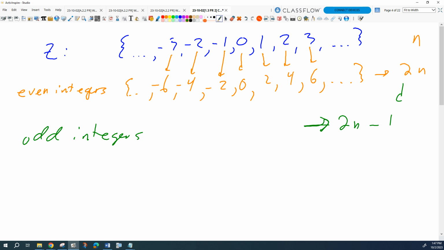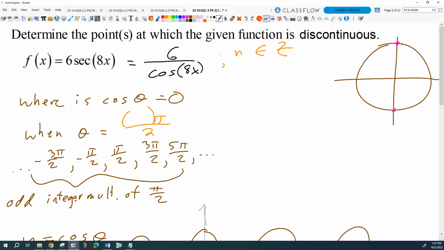Okay, so then let's go back here. So if n is an integer, I want the set of odd integers. That's just going to be 2n minus 1, the quantity 2n minus 1 times pi halves, right? That's it. Those are all the values that theta could not have, because it would cause cosine to become 0, right?